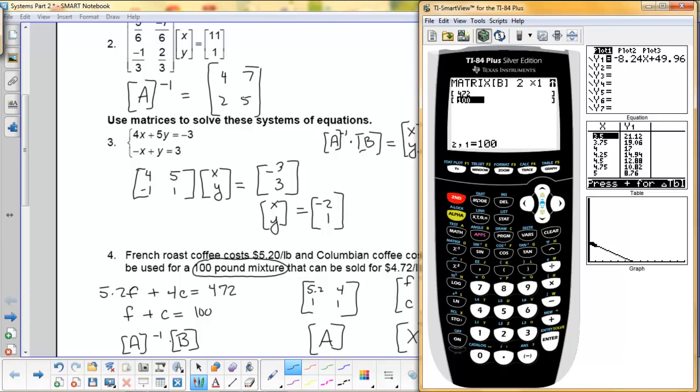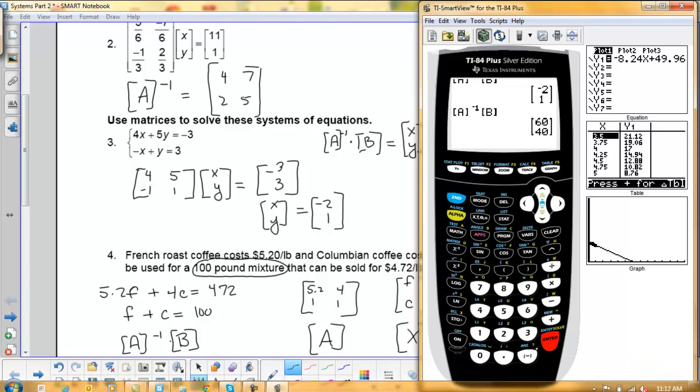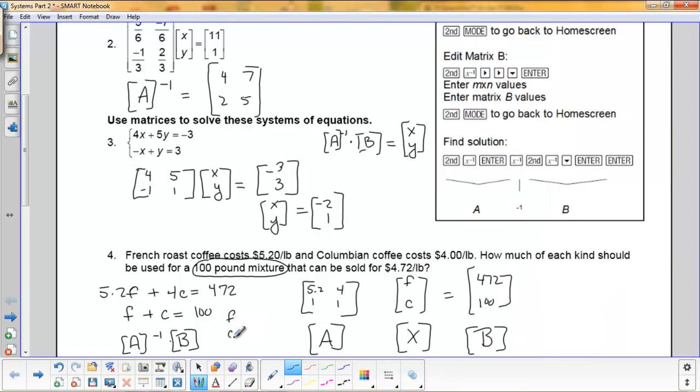Now the nice thing about this is that your previous entry already states A to the -1 B. So all I need to do is hit enter again, and the calculator will calculate the new values with the new matrices that have been placed. Okay? All right.